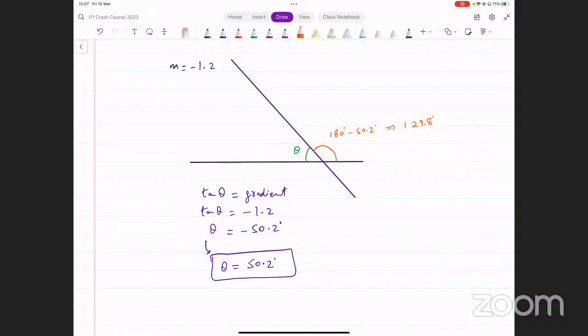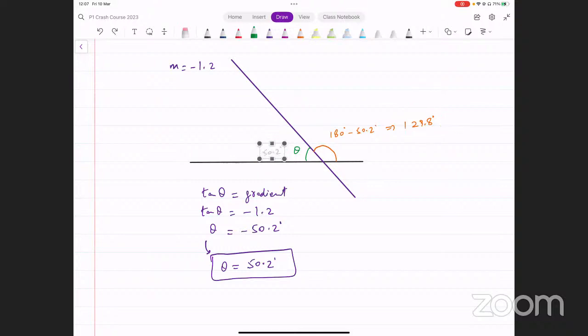If they don't specify whether you want an acute angle or an obtuse angle, both of these angles are angles between the line and the x-axis. So you could use either this one or this one, it doesn't matter.